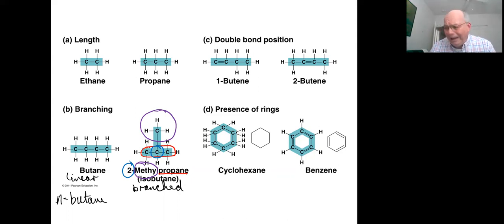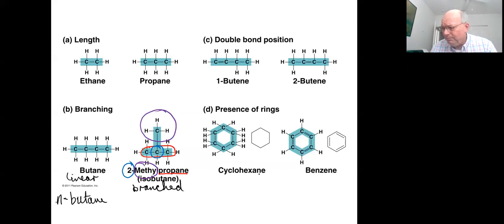That makes it a hex something. The bonds between the carbons are all single covalent bonds, so that means it's an alkane, so it becomes a hexane. But because it's circular, it's called cyclohexane to separate it from N-hexane, which would be the linear form of the hexane.